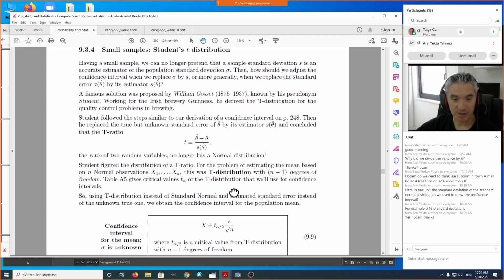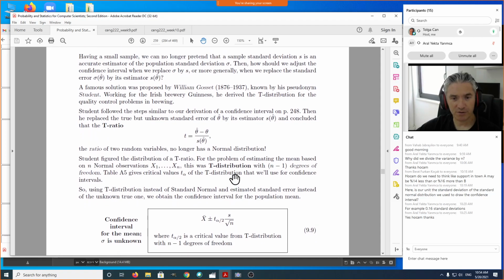The Student's t distribution also has a parameter, which is called degrees of freedom, which is sample size minus one. Because when we're computing the standard error, the mean of these n variables is actually coming from all the others.